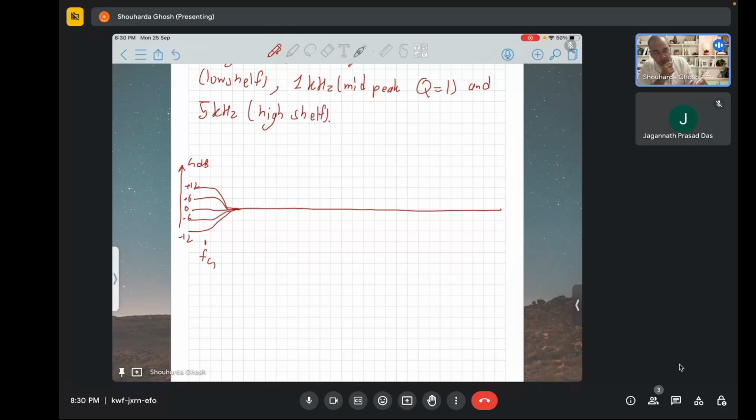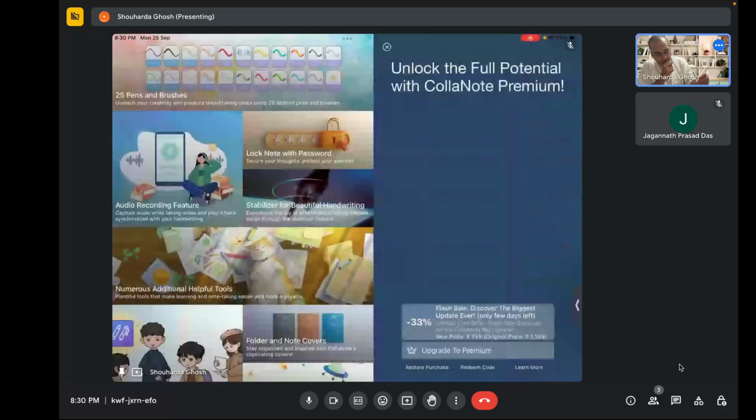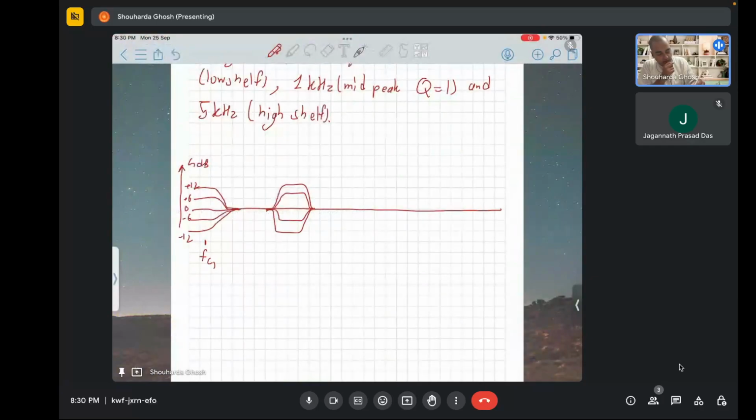Bandwidth does not make sense in a low pass filter. Then you have the first band, here also your cutoff is fc2 and let's say the bandwidth is fb. These levels show the choices you have for the gain in each band. You can choose 0 dB, which is as it is, 6 dB gain, 12 dB gain, or 6 dB attenuation, 12 dB attenuation.